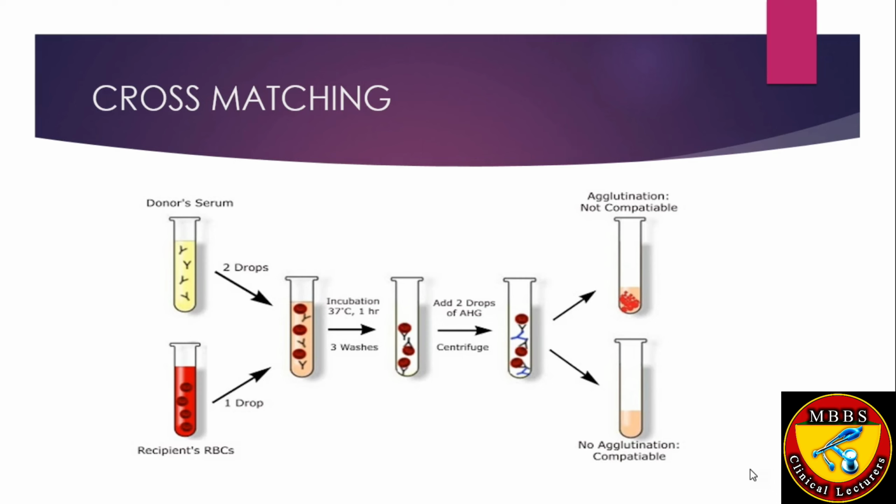Then this reaction is centrifuged and anti-human globulin is added, and then again we wait for some time. If the agglutination is there, it means that it is not compatible. But if there is no agglutination, it means it's compatible, and the cross matching is giving the result that there is a compatibility between the donor and the recipient.